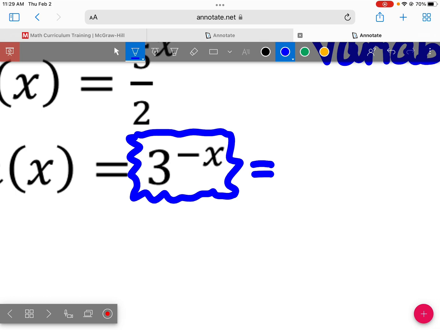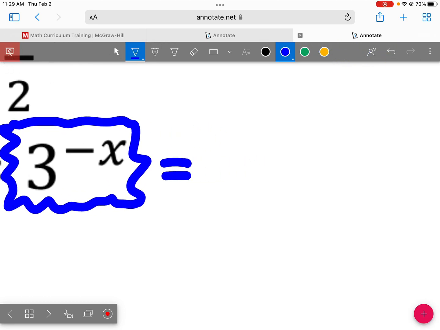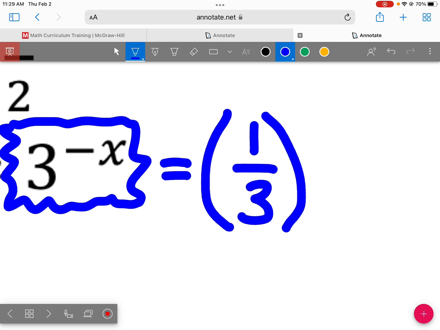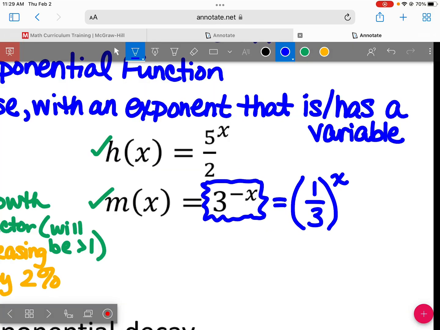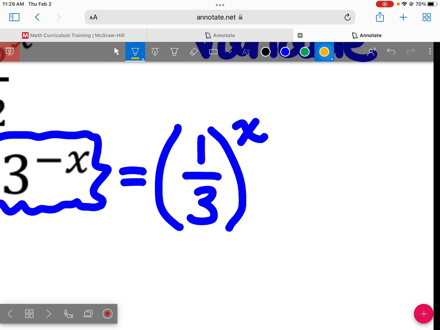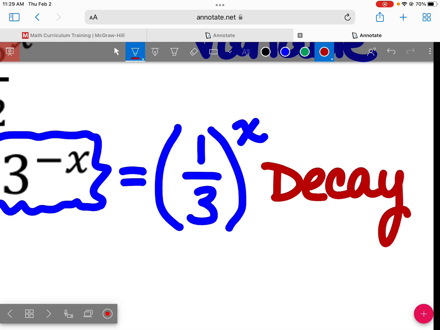Fraction. How would you write it as a fraction then? 1 over 3 to the power of x. If it has a negative exponent, you need to write the base as a fraction because x should not be negative. 1 over 3. So this is showing us decay. Be very careful about that.